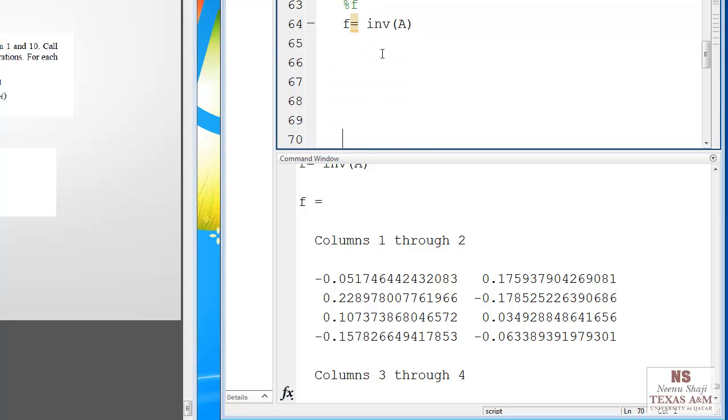Now question 7 is about solving a system of equations. So we have the coefficient matrix A, which will be 3, -2, 5. Next row, -4.5, 2, 3.